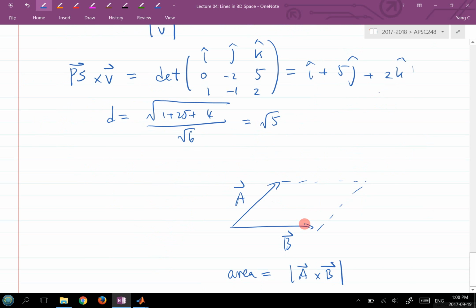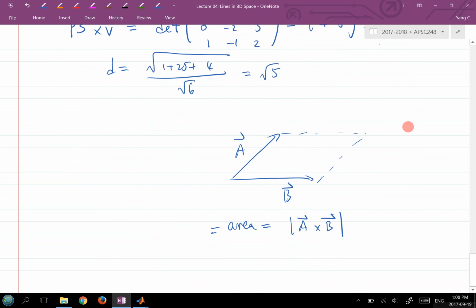Okay. But in terms of basic geometry, how would you calculate the area of the parallelogram again? The area equals what? Equal to the base length times the height, right? So the area equals the base length times height.